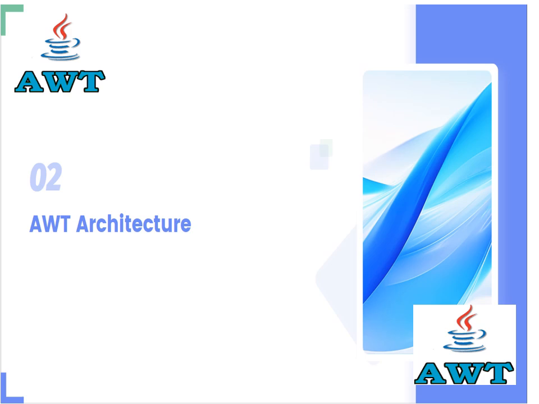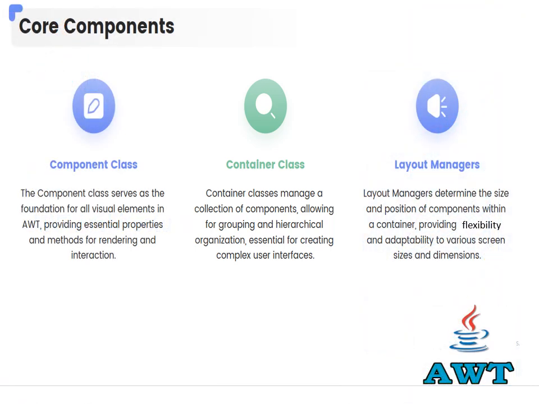Now we have to see the AWT architecture. The component classes, container classes and layout managers are the core components under the AWT architecture. The component classes serve as the foundation for all visual elements in AWT, providing essential properties and methods for rendering and interactions.